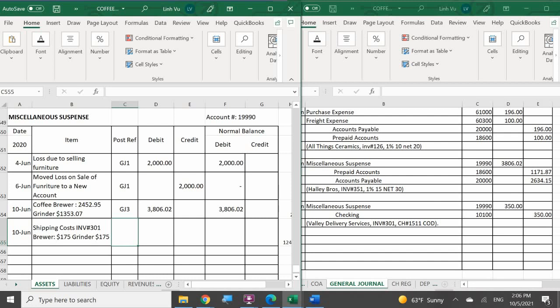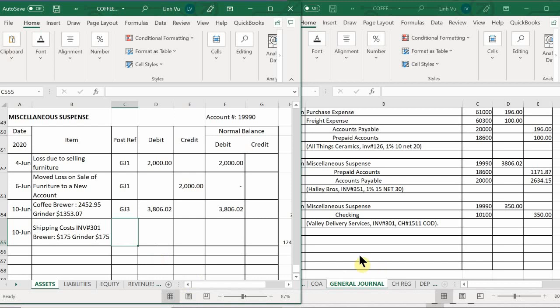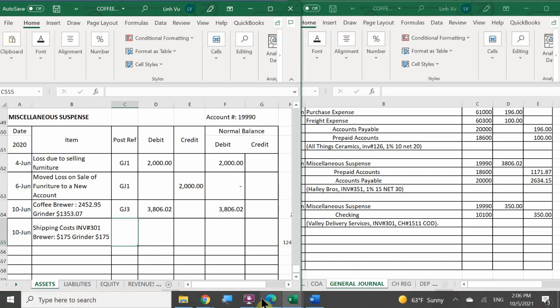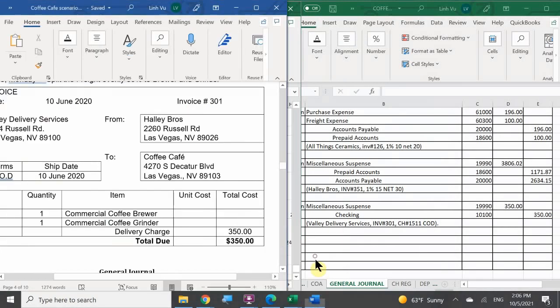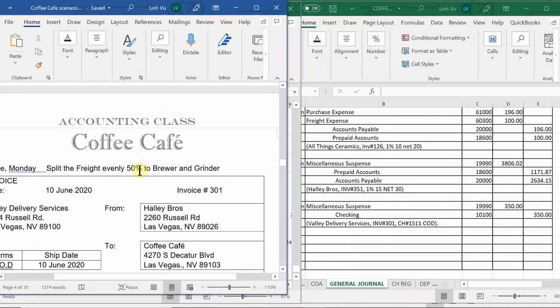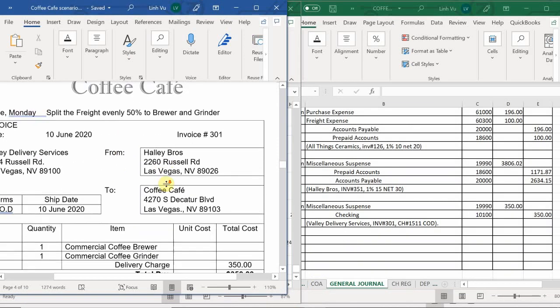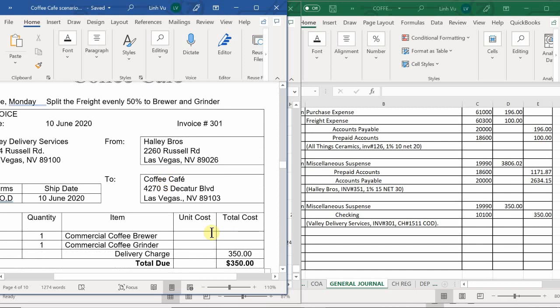I believe I wrote on the top of the invoice that 50% is going to go to the coffee brewer and 50% to the grinder. If you want it to be as accurate as possible, you can weigh the machines and then figure out the exact number based on that.